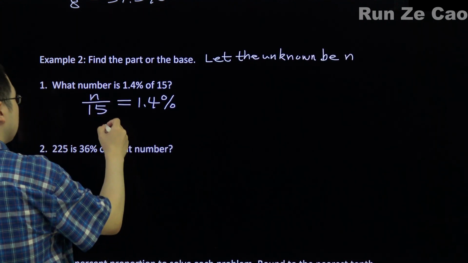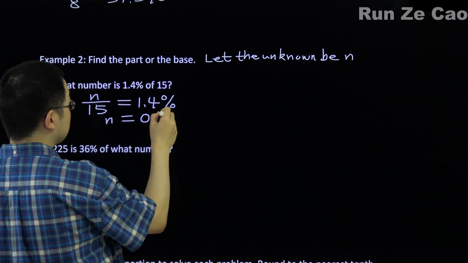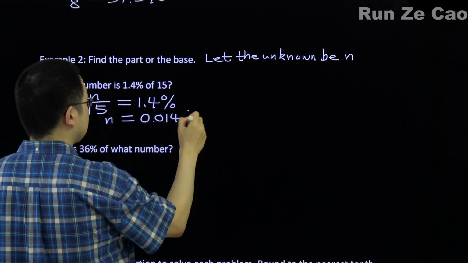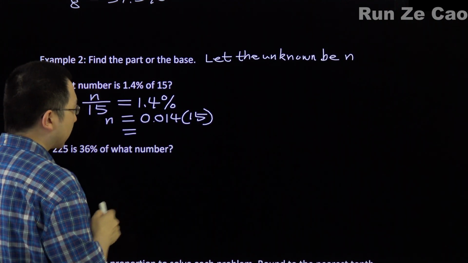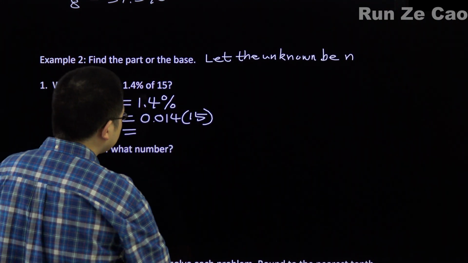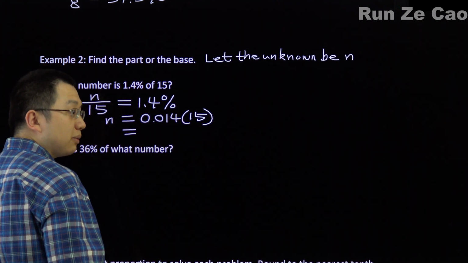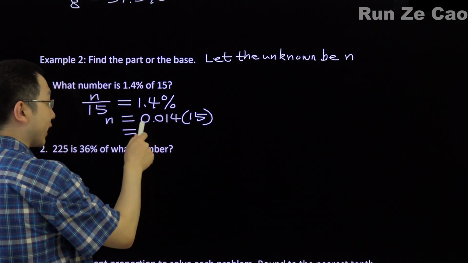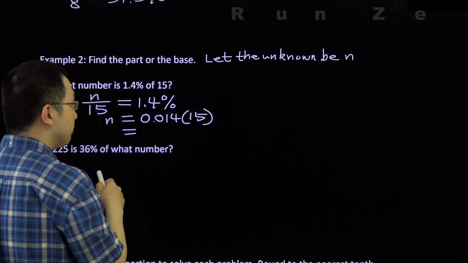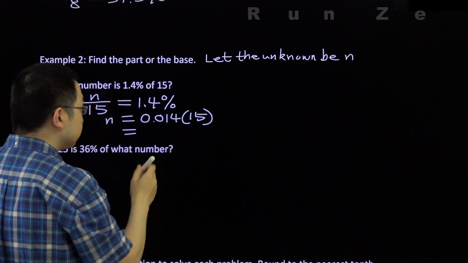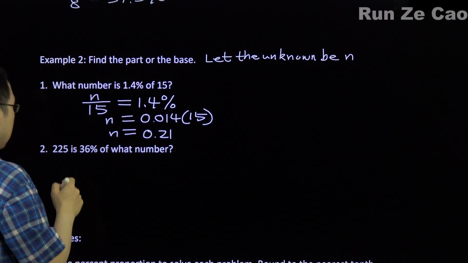Anyway, you're going to end up with 0.014 times 15. Now over here, we got 5 times 3. This is an even number. What happens when we multiply it by 5? We get 0.07. And then times 3? That's 0.21. So that's n.